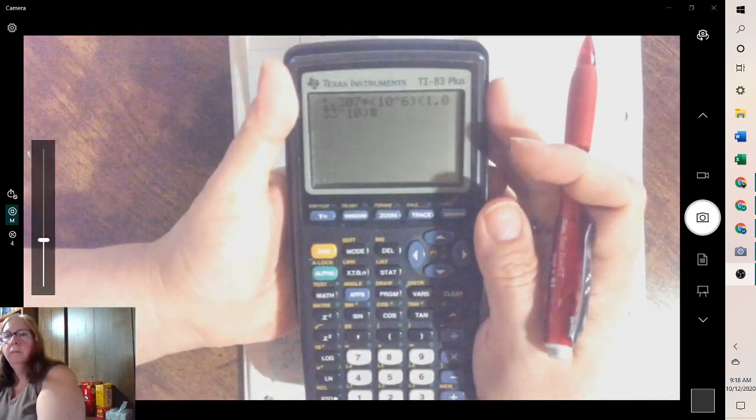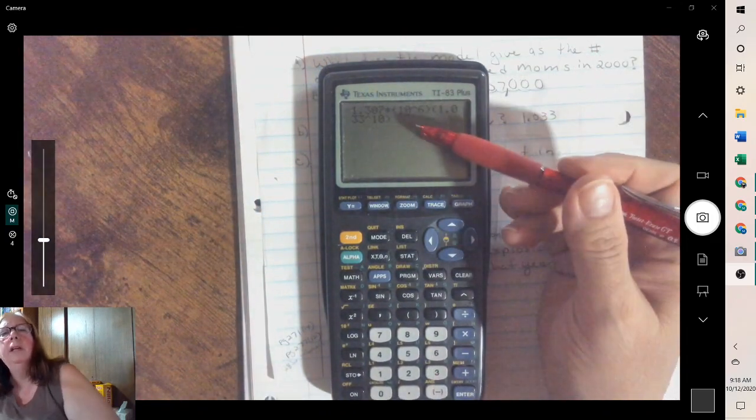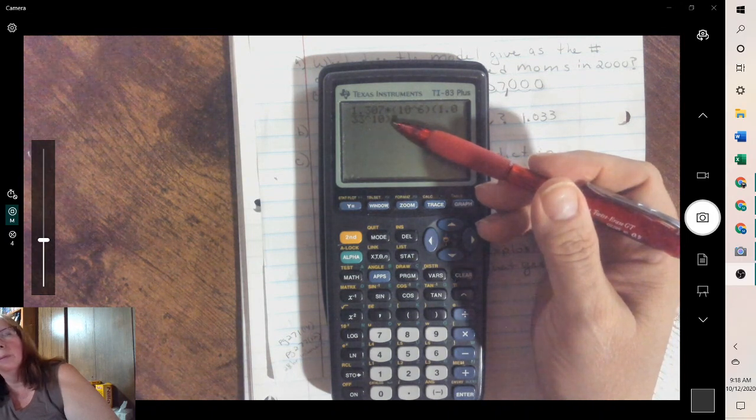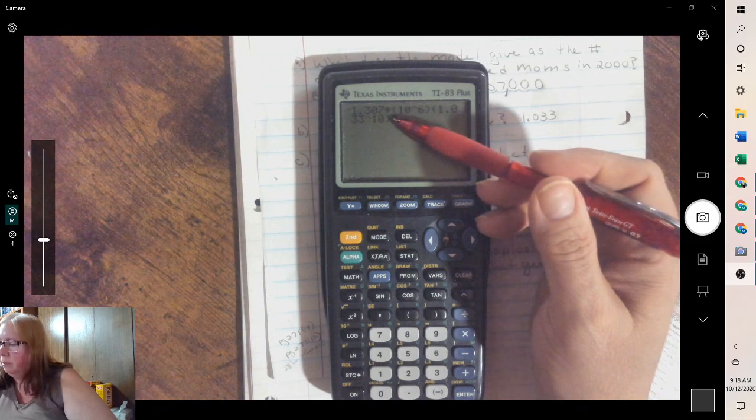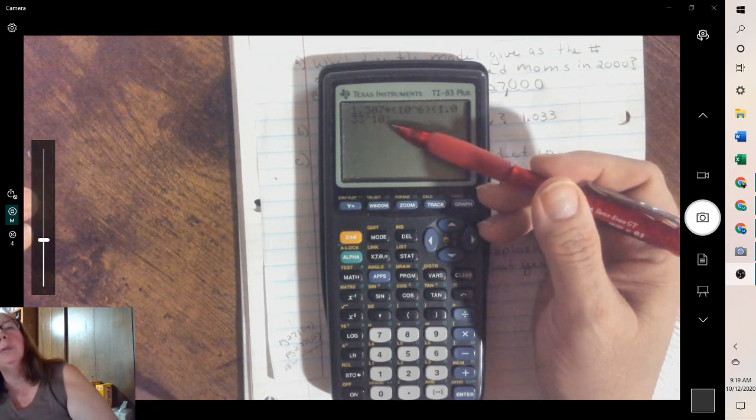Okay. So when I plug this in, I used 10 for my variable because it was years after 2000. Because at the beginning I put a 0, so now this is 10 years later, so I put a 10.